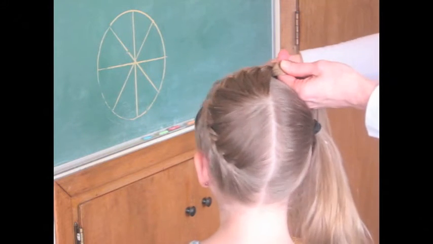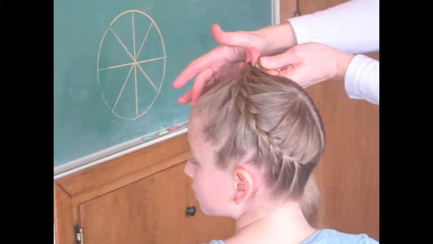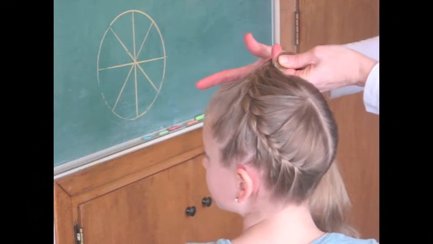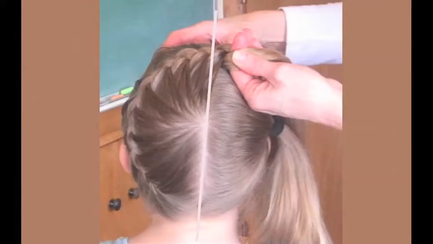So make sure that you're pulling it, angling it, gathering it in a manner that the end result is going to have it covering your part. So that's where the part was, and the top part has been covered by a flap of hair by the braid, and that is ideal. So you get a great starburst pattern.